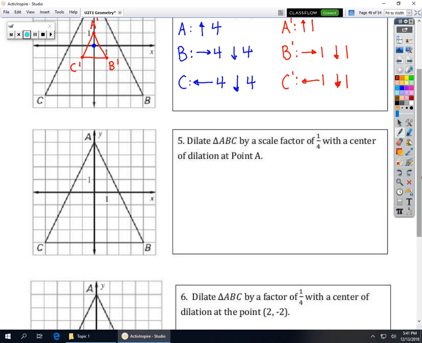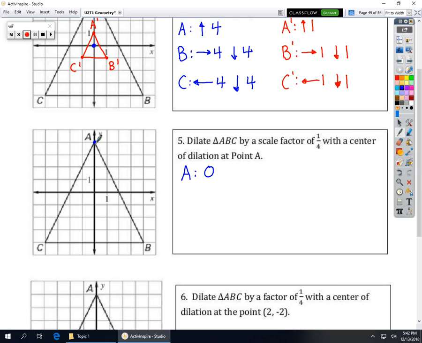Next, they've asked us to dilate 1/4 again, and it's the same image except the center of dilation is going to be at point A. Well, it's unique. So if this is my center, then how would I get to A? Well, I don't really need to do anything. For A, I would just say the directions are 0, meaning don't move.